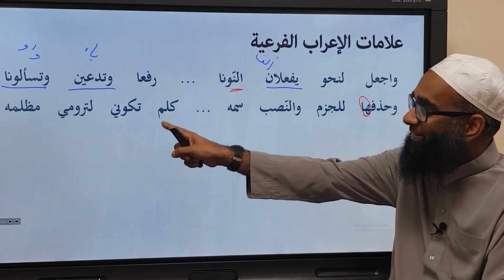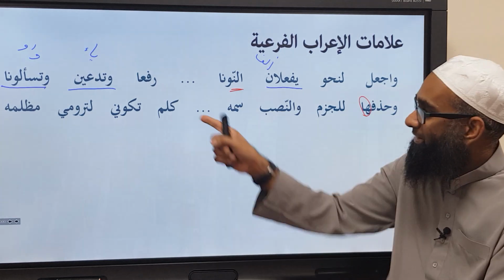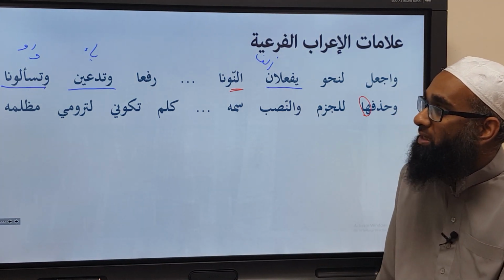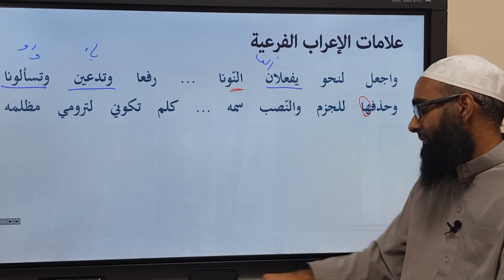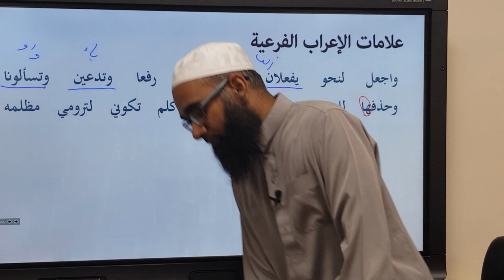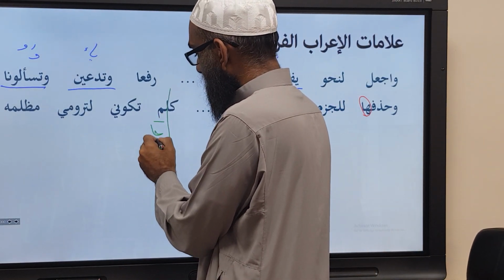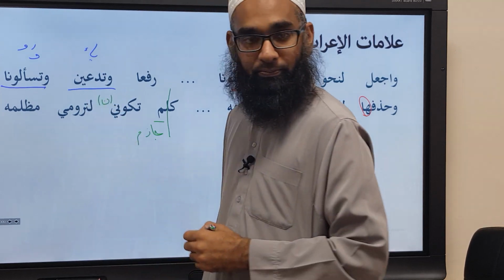This is where it gets confusing. He's given an example here. What's the example? Lam takuni litarumi madhlama. Lam is a jazim. So this is really takunina. The noon is mahzuf.